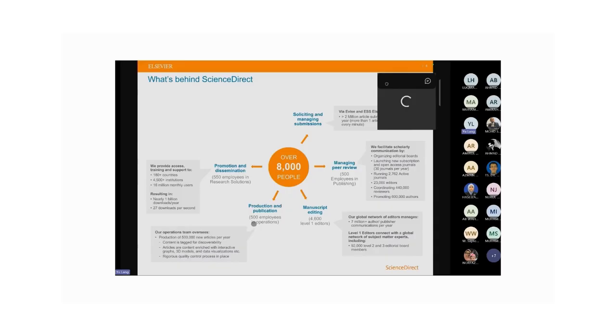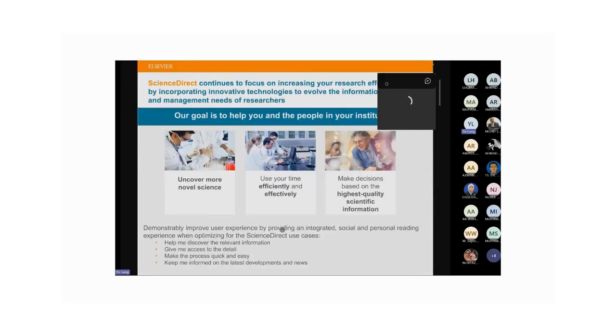Our global organization of sales representatives and customer consultants provides training on the tools and ensures awareness among the end users. In ScienceDirect, our goal is to help you and the people in your institute to uncover more novel science, use your time efficiently and effectively, and make decisions based on the highest quality scientific information.